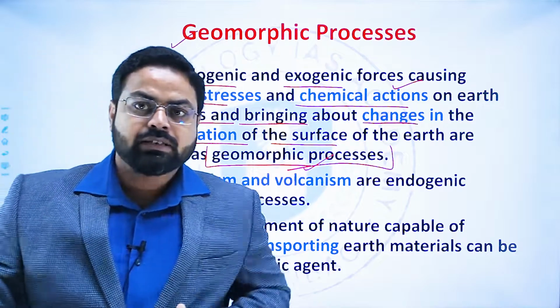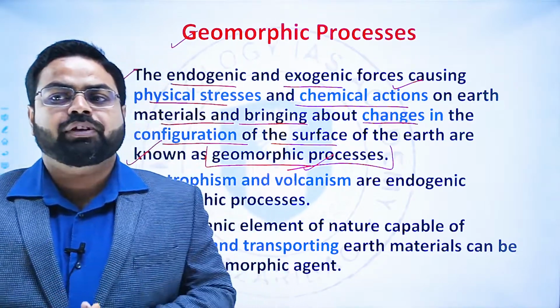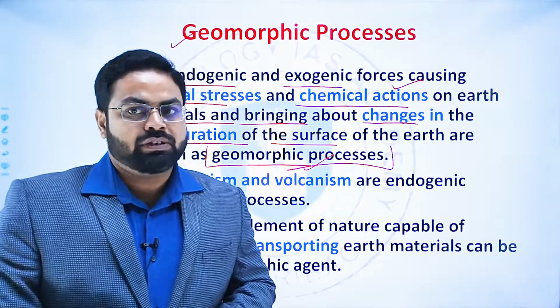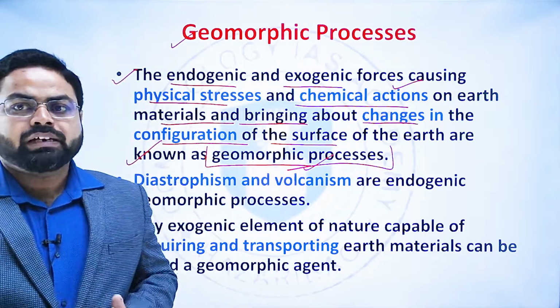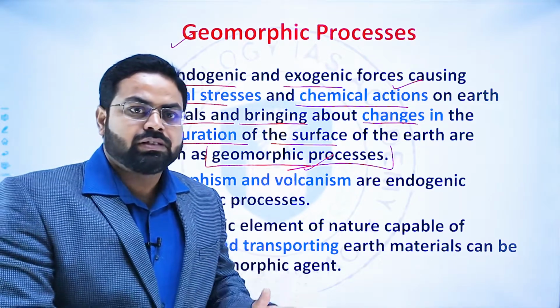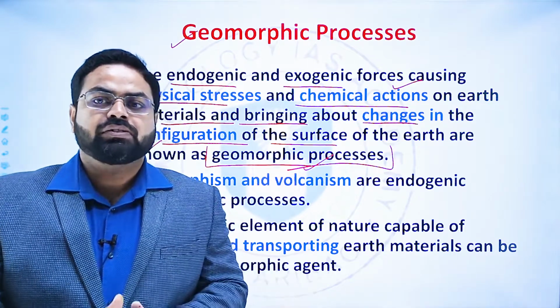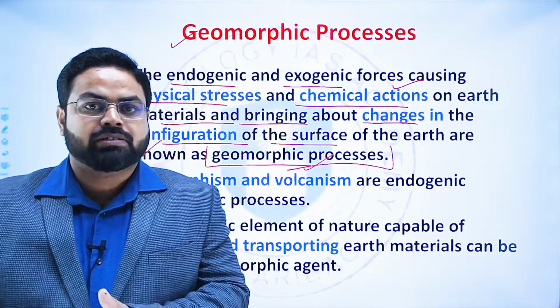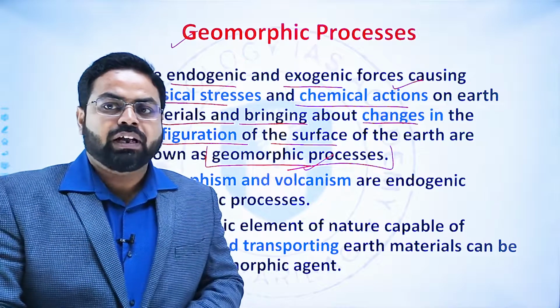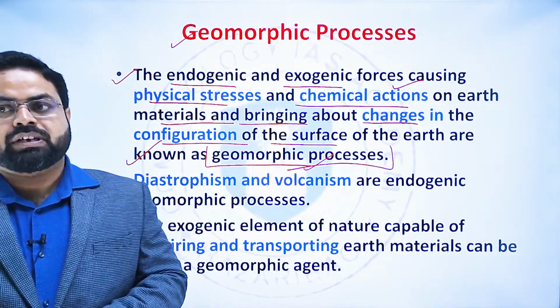So as a holistic concept, the geomorphic process is a process in which endogenic and exogenic forces are applied collectively, and because of that these forces induce physical stress on the surface of the earth, as well as chemical action on the earth material due to the exogenic processes.